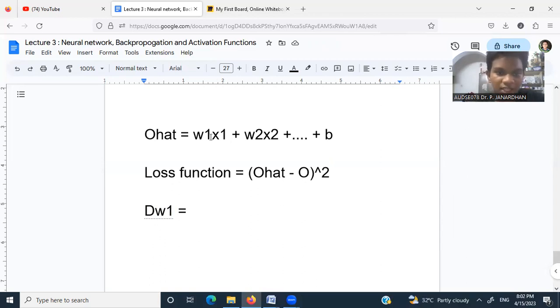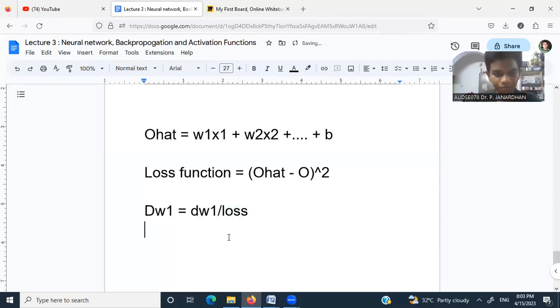Here we are going to see how w1 is going to update the loss function, and based on that we are going to update w1. In calculus notation, we'll calculate the derivative of the loss with respect to w1. Here d is nothing but derivative. So we calculate the derivative of the loss function with respect to this parameter w1.